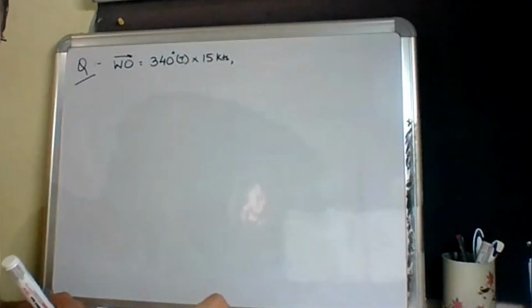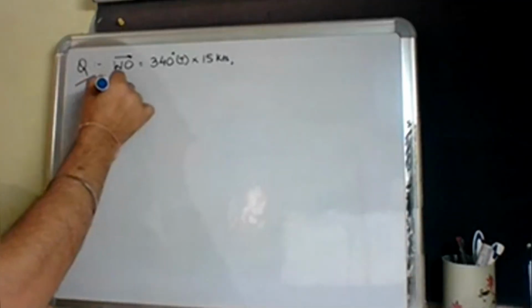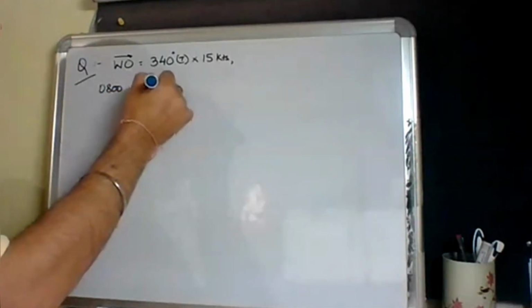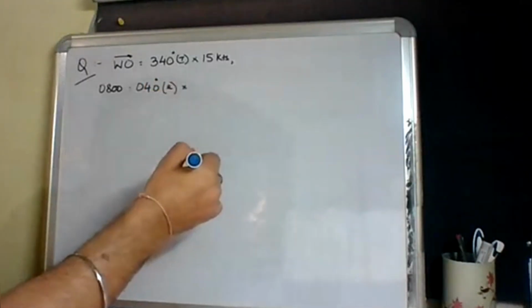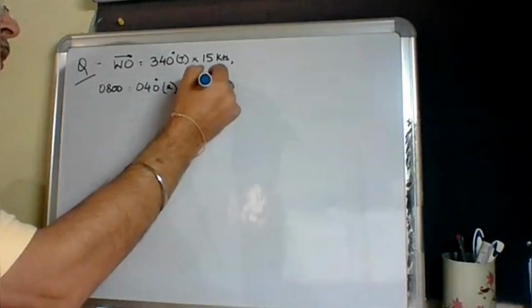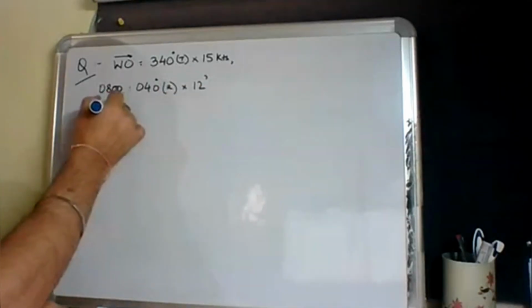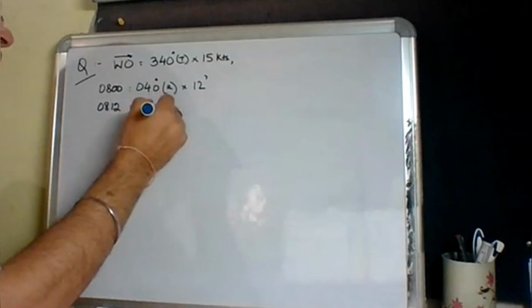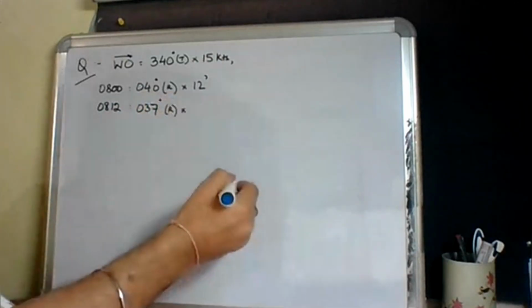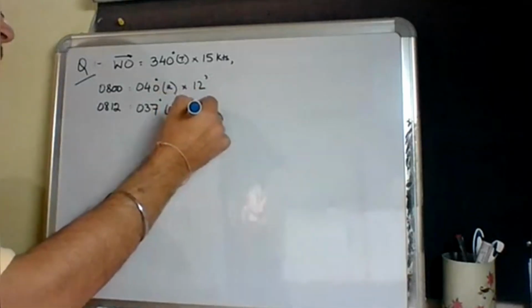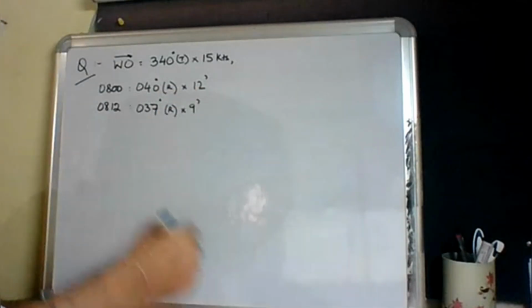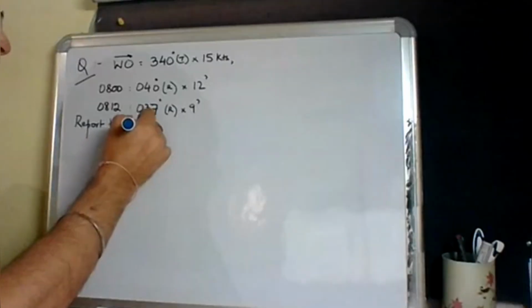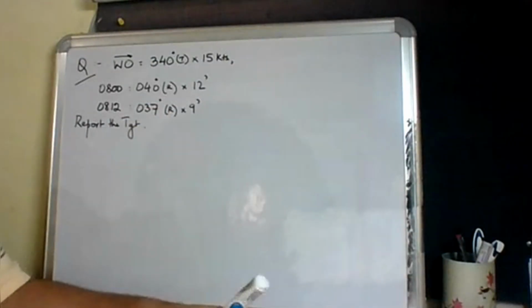Target bears as follows: at 0800 hours, 040 degrees relative, range 12 miles; at 0812, nine miles. Question says, report the target.